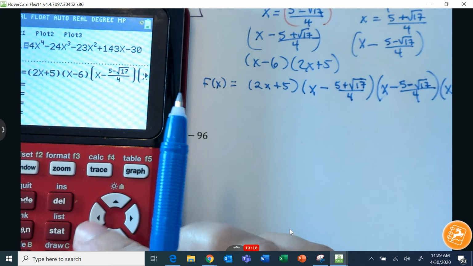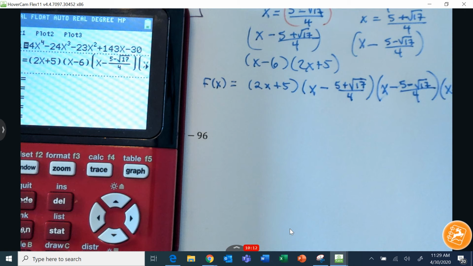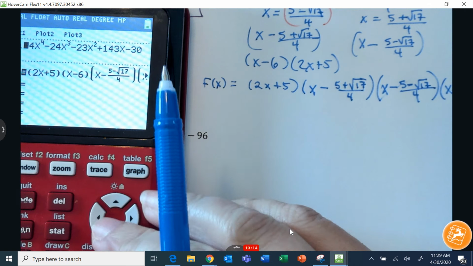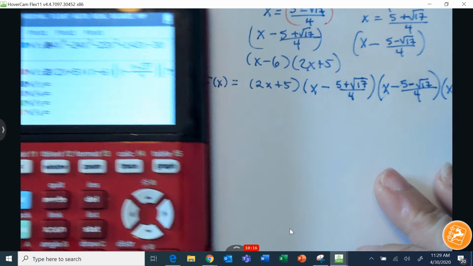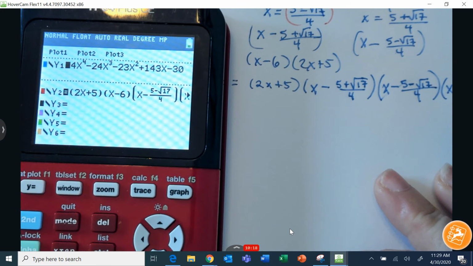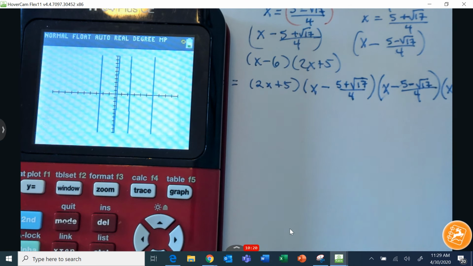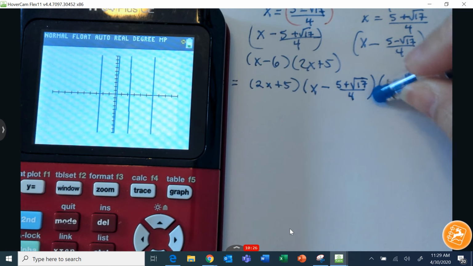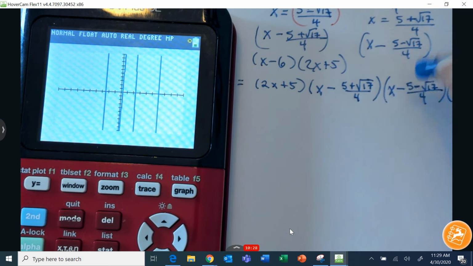So what I did was I typed that into my graphing calculator, and we're going to graph both of them at the same time to make sure that they are indeed equal. Because I'm graphing things with radicals, that makes the graphing calculator go slower.